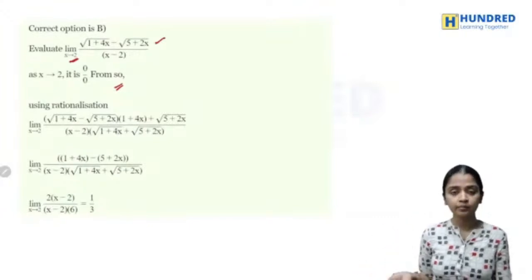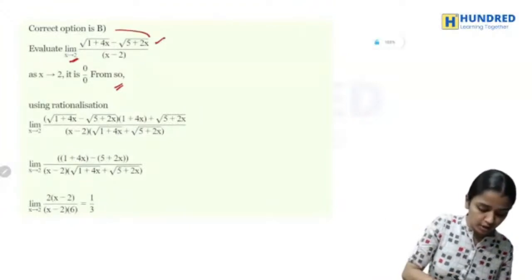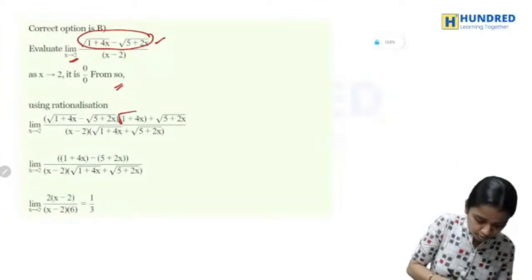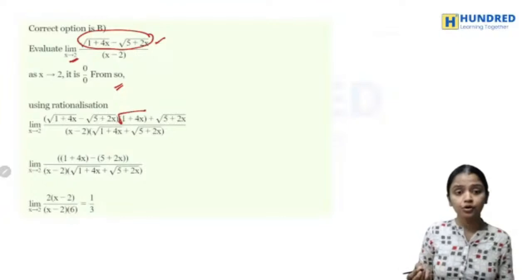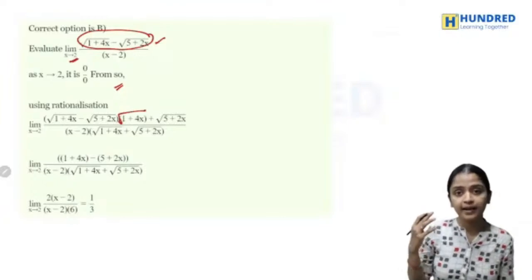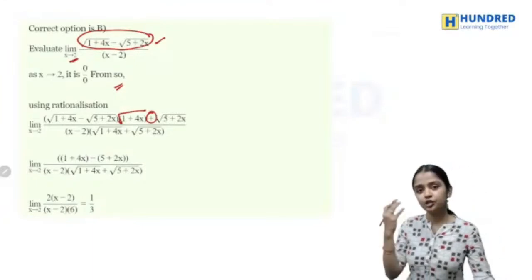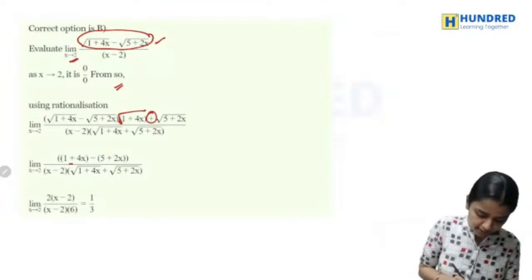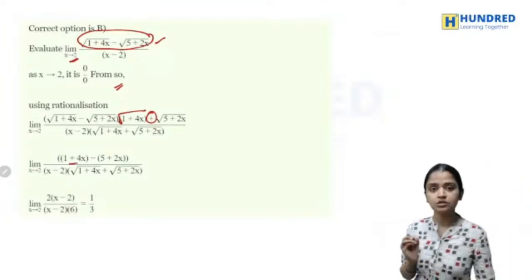So for that, I'll just directly rationalize it. I'm rationalizing the numerator, where it is root of 1 plus 4x minus root of 5 plus 2x. I'm multiplying with the opposite sign in the numerator and the denominator. So the numerator becomes 1 plus 4x minus 5 plus 2x.